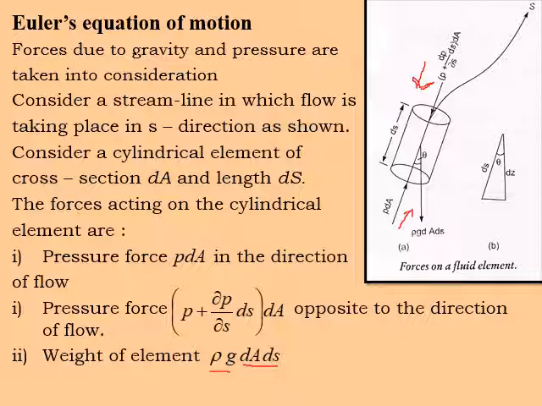So these are the forces acting on the fluid element. The first one is the pressure force acting in the direction of flow. Another one is the pressure force acting opposite to the direction of the fluid flow. Another one is the weight of the fluid element.